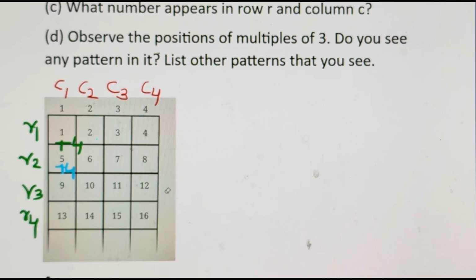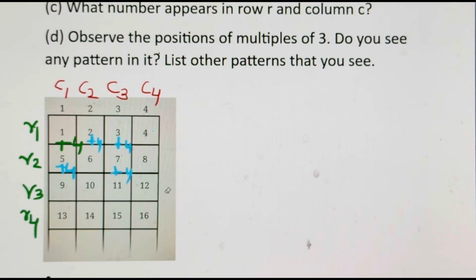Similarly, if we see the second column, 2 plus 4 is 6, everywhere 4 is added. 6 plus 4 is 10, 10 plus 4 is 14. If we see column number 3, 3 plus 4 is 7, 7 plus 4 is 11, 11 plus 4 is 15, and so on.